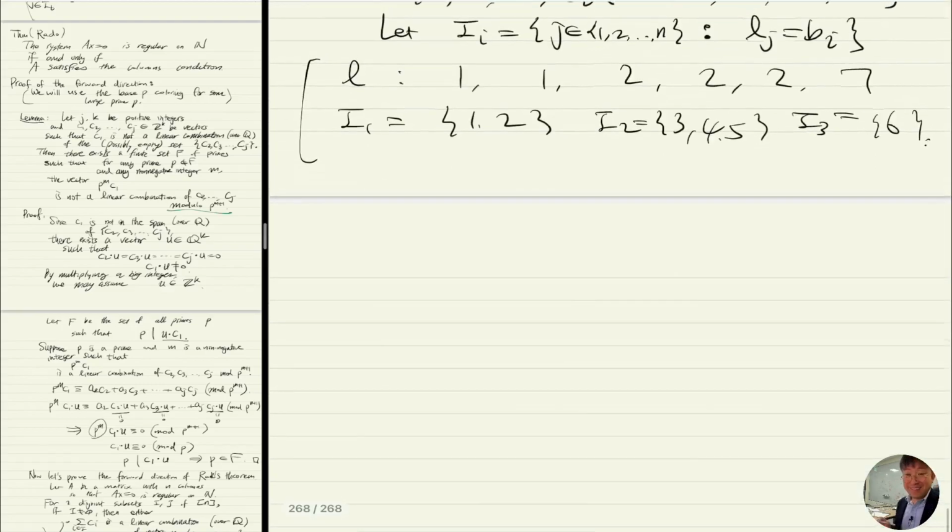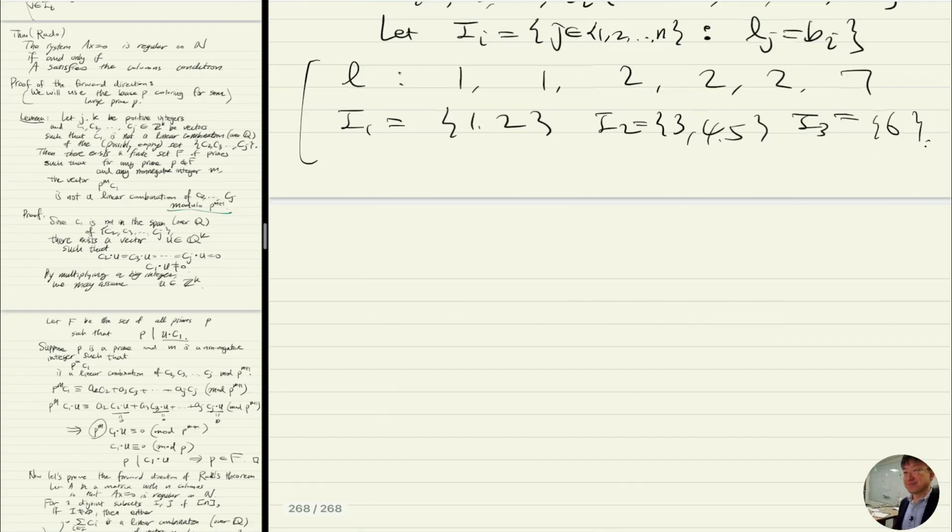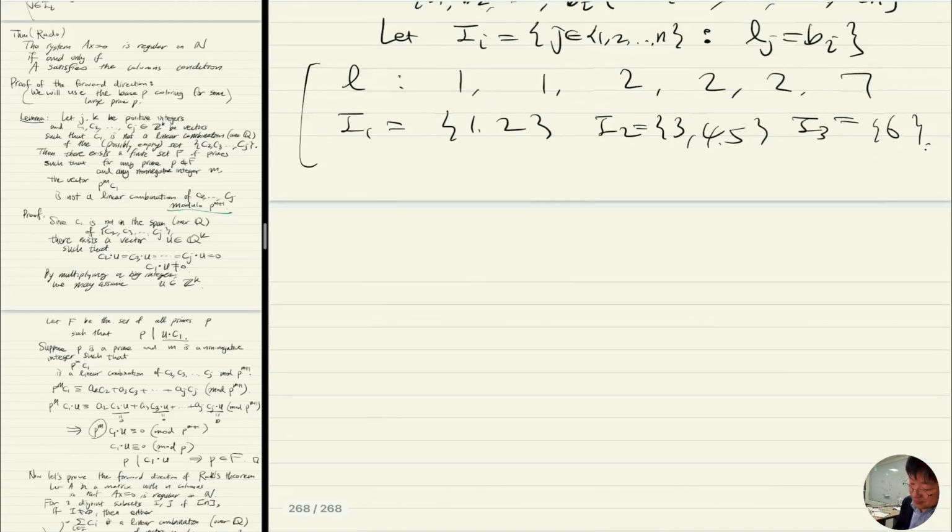Right, now you may already have guessed what we're going to do. We know that the sum of xi ci is 0.